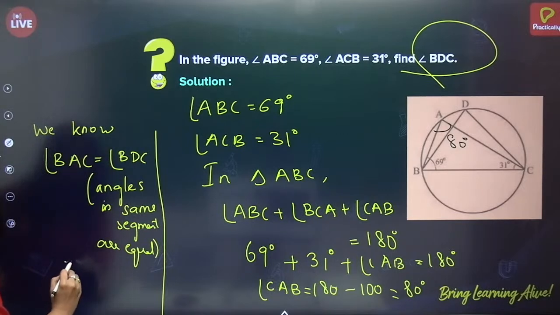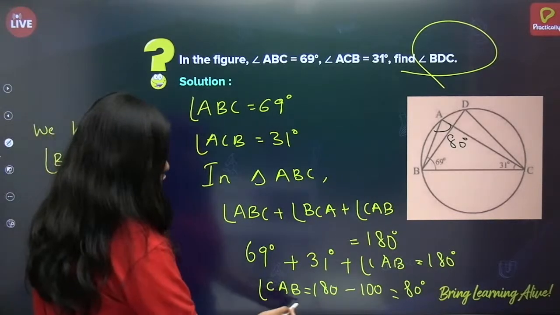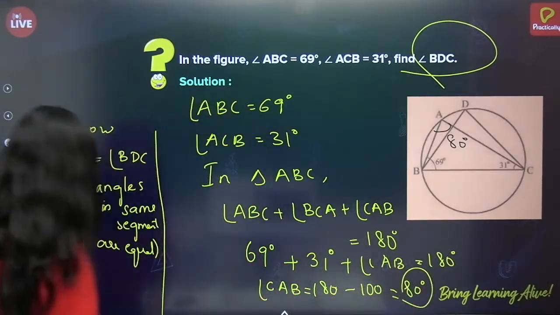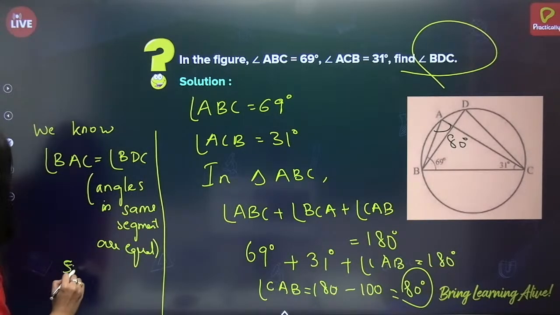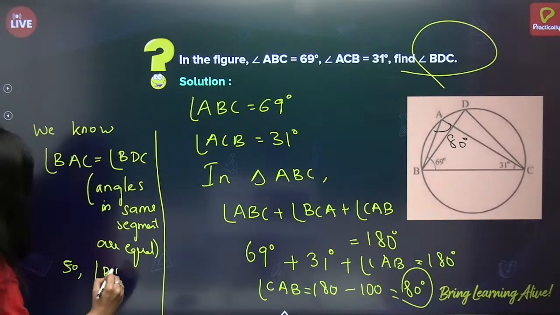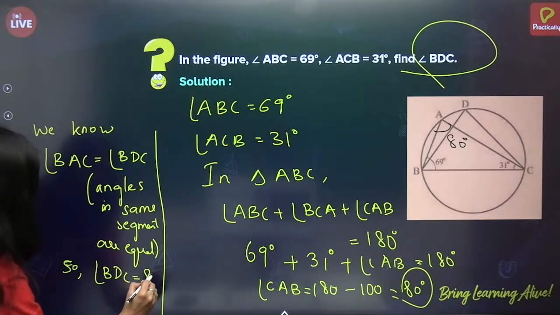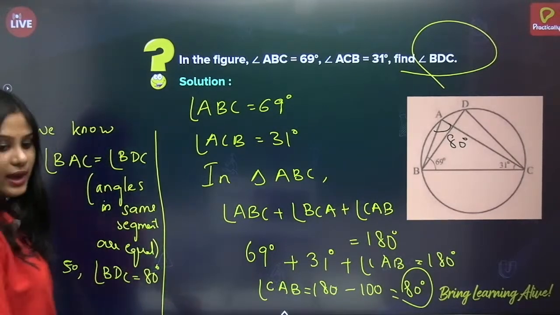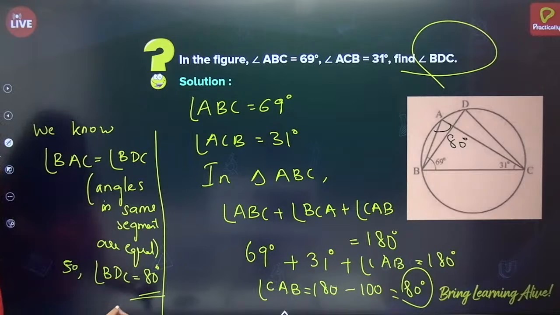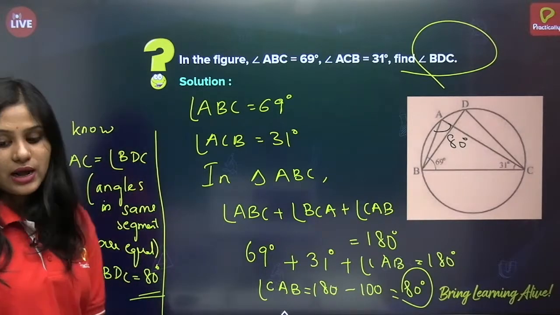Correct? So we know angle BAC, or CAB, is 80 degrees. So angle BDC is also equal to 80 degrees. So this is what we got, and we have found the angle BDC.